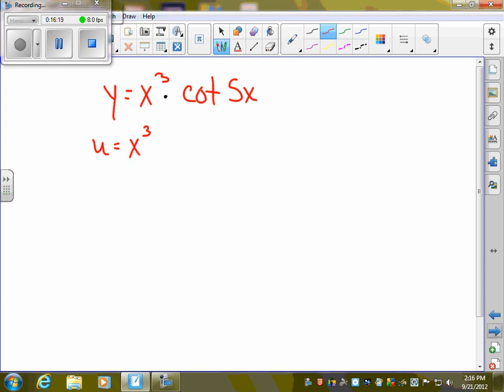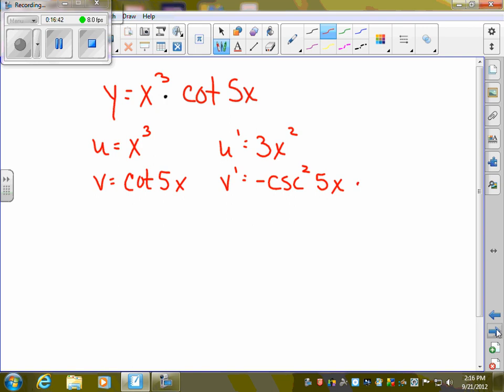So let's let u be x cubed and let v be cotangent 5x. u prime would be 3x squared. v prime, the derivative of cotangent of something, is negative cosecant squared of something. So it'd be negative cosecant squared of 5x times the derivative of the something, so times 5.